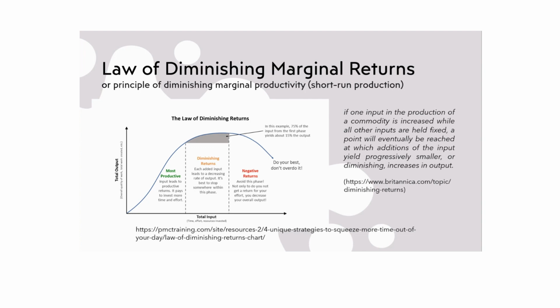There is a decrease in the additional output. That's why this phase is called diminishing returns. And now beyond this maximum, the output starts to decline even with additional labor input. Okay, so what's the implication of this?